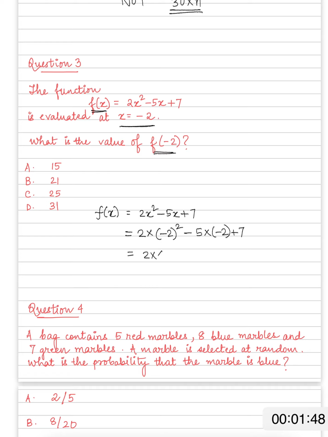That will give us 2 into 4 plus 10, because minus 5 into minus 2 will be plus 10, plus 7, so it will give us 8 plus 10 plus 7, which is 25. So this is our answer. Option C gives us the correct answer. You see, we already solved 3 questions in under 3 minutes.